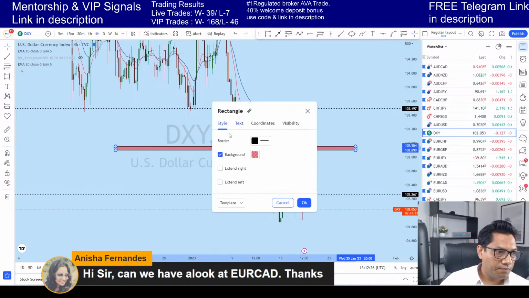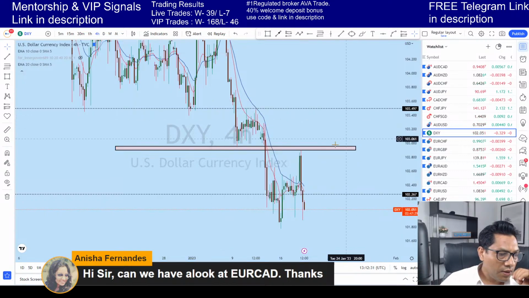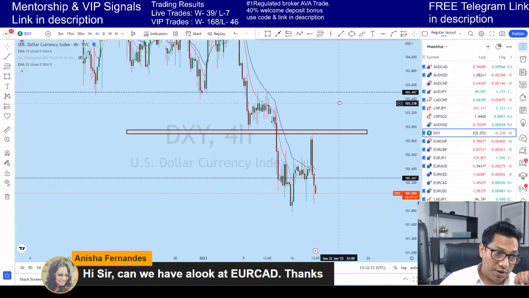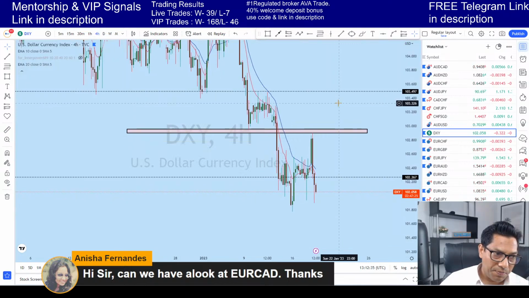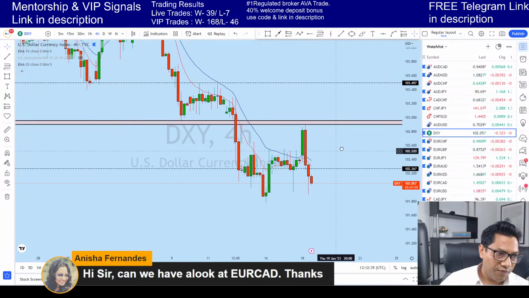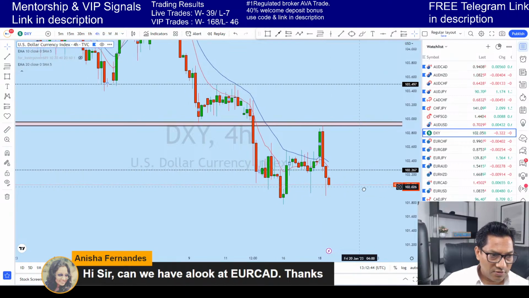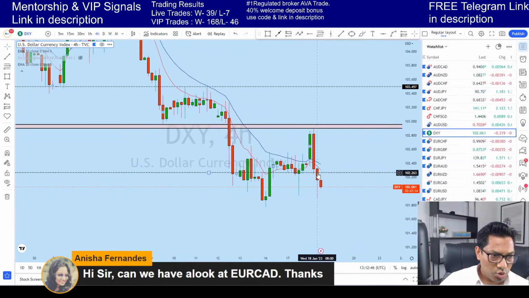So when you see this kind of manipulation, it's a sign that the market is prepared for a further drop. And after this kind of bearish engulfer, we have seen another narrower candle on DXY, which is also bearish.